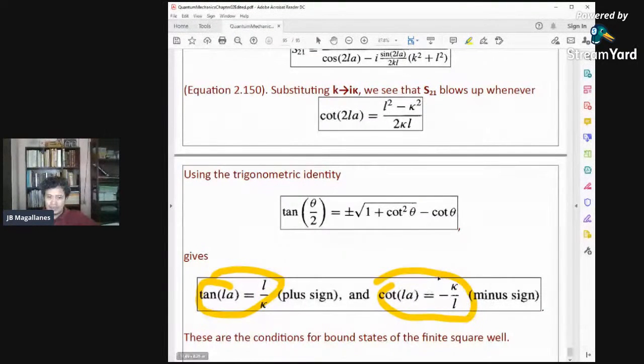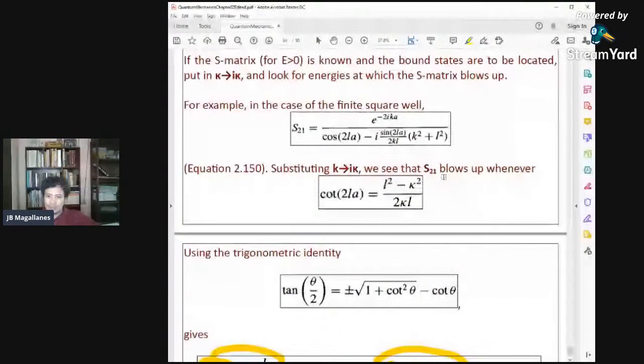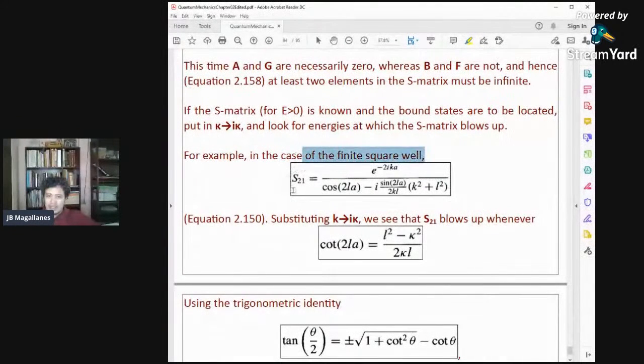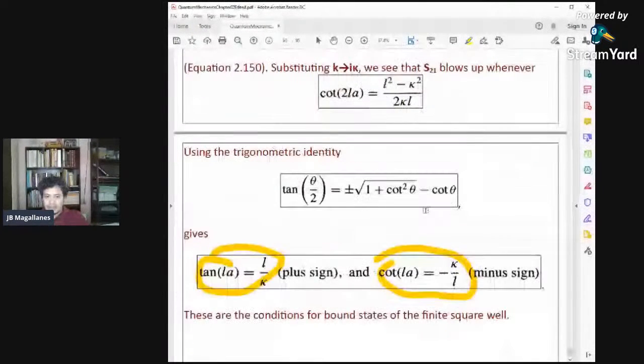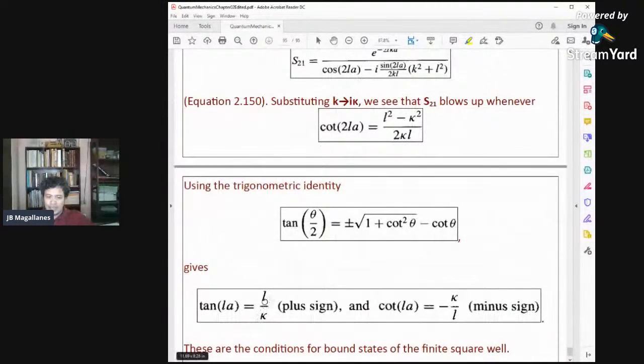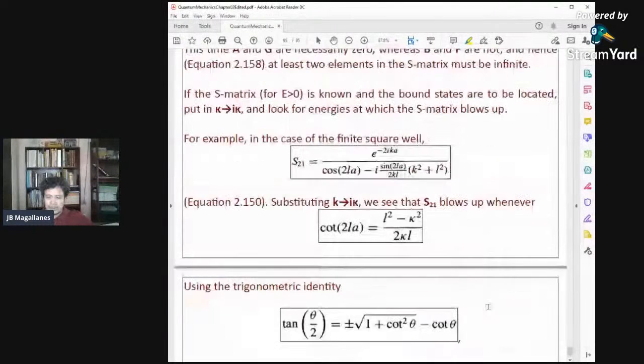So these are the conditions at which S12 and S21 blow up: one at cotangent la, and the other element at tangent la. So these are the conditions for the bound states of the finite square well.